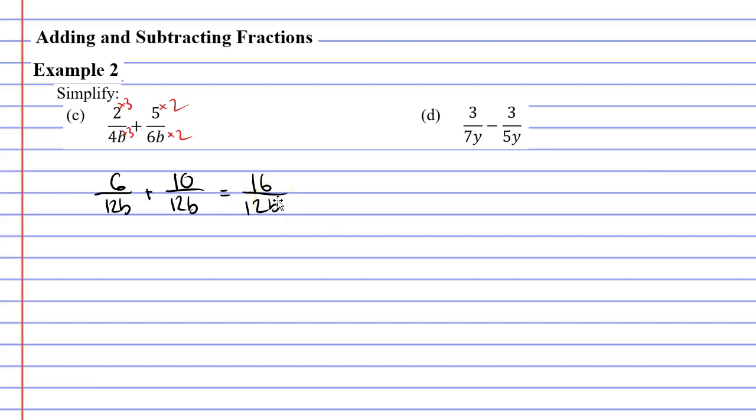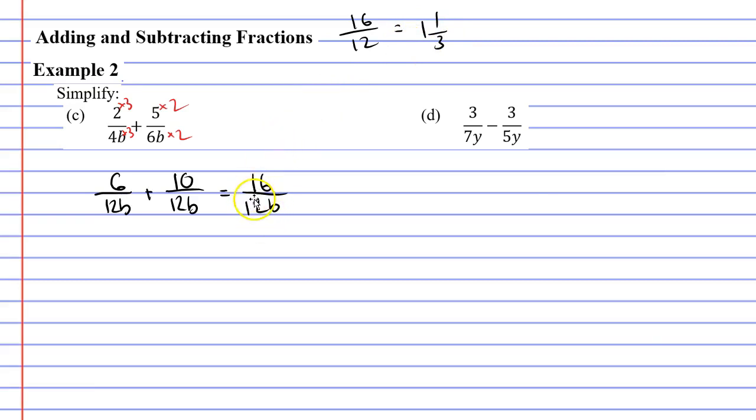Now, when you were given improper fractions earlier in your schooling, such as 16 over 12, you were always encouraged to write them as a mixed numeral. In this particular case, you would normally write it as 1 and 1/3. Now, when you work with algebraic fractions, it's actually better to leave it as an improper fraction. Do not convert it to a mixed numeral.